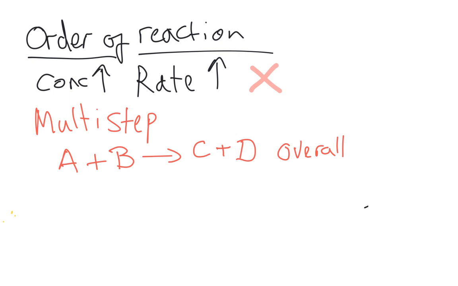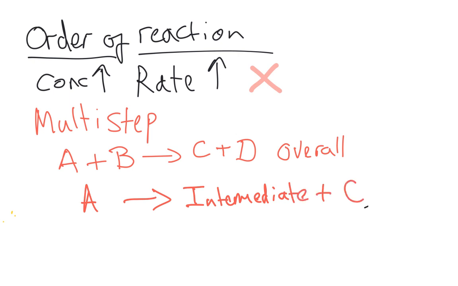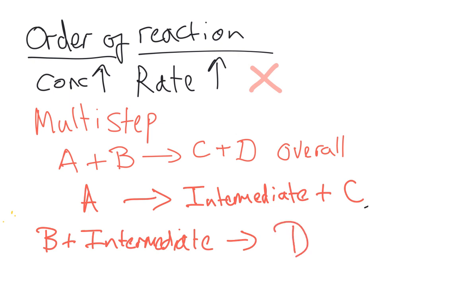There's a step where A is becoming an intermediate, and is becoming C. And then you could have a second step where B is reacting with the intermediate to form D. So you can see overall, if you put these two together, the intermediate cancels out on both sides.